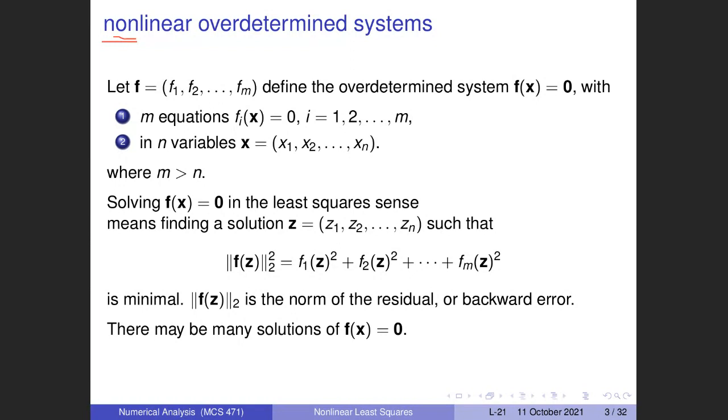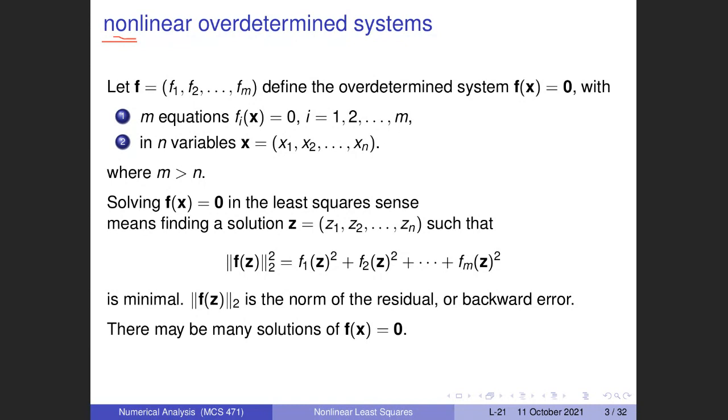So we will immediately specialize this to 3 equations and 2 unknowns. So we will have a running example that's small enough, but it can scale to arbitrary dimensions. So we will solve it in the least square sense.